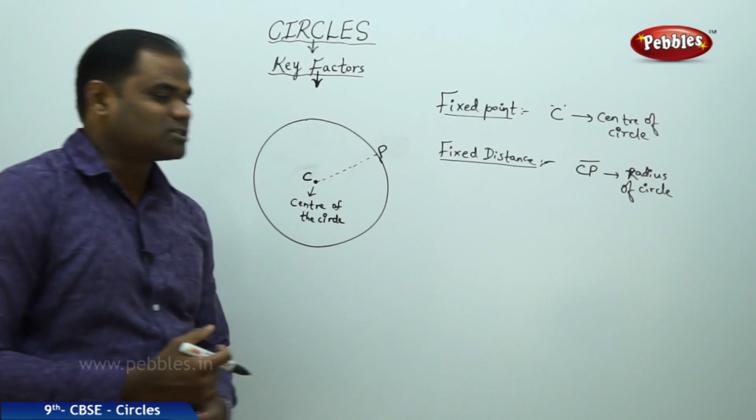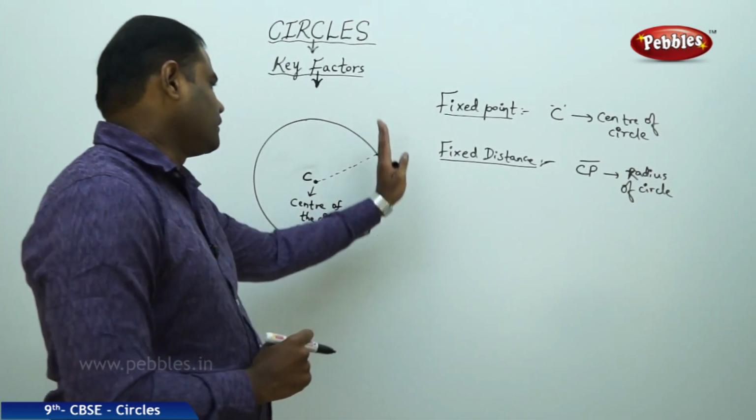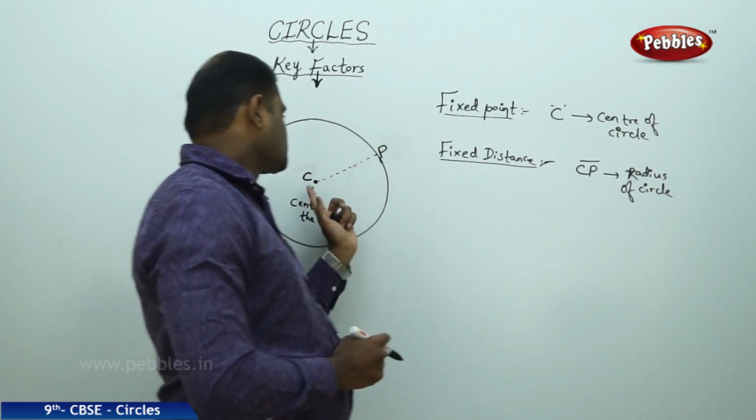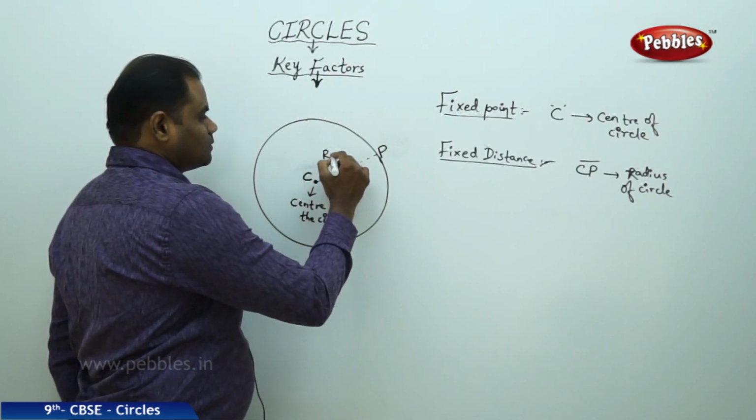This is given the special name radius of the circle, as it defines the curvature. Therefore, the distance CP is called the radius of the circle.